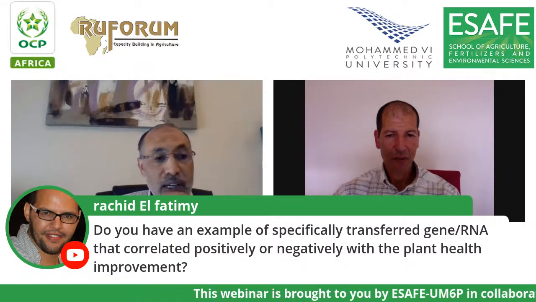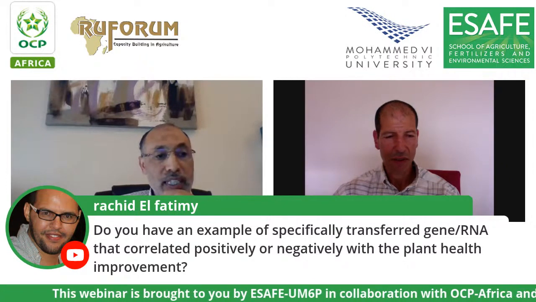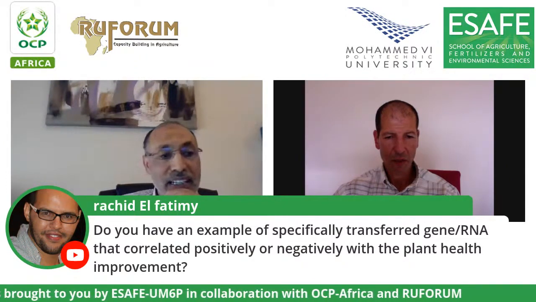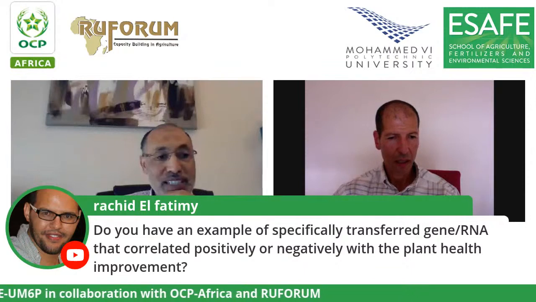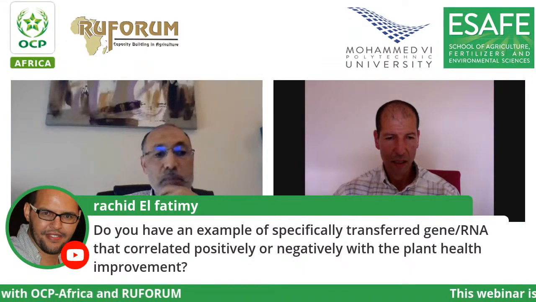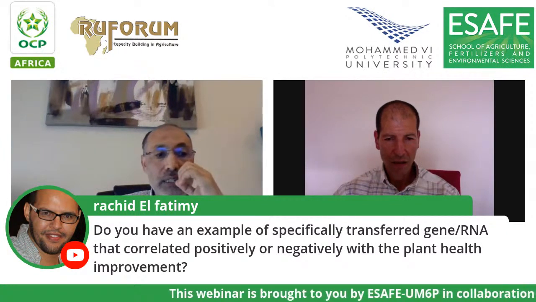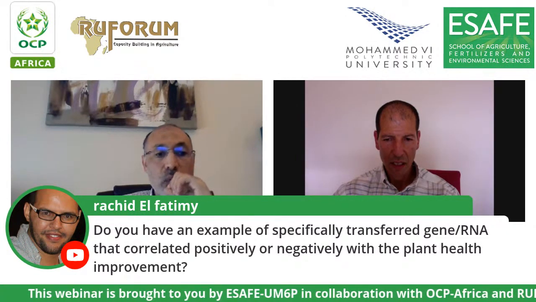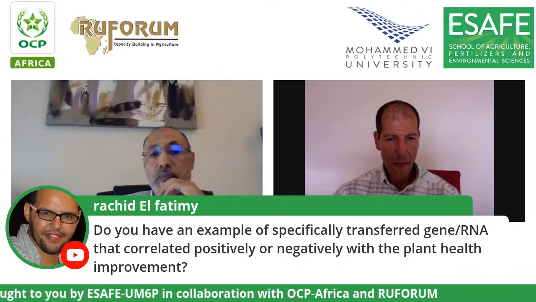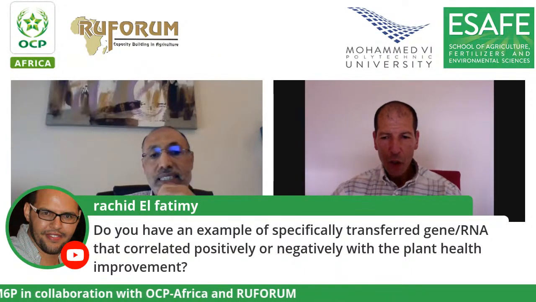Okay, so a question from one of our colleagues, Rashid Al-Fatmi. He's at the same university as us. Do you have an example of specifically transferred gene or RNA that correlated positively or negatively with plant health improvements? Well, yes.